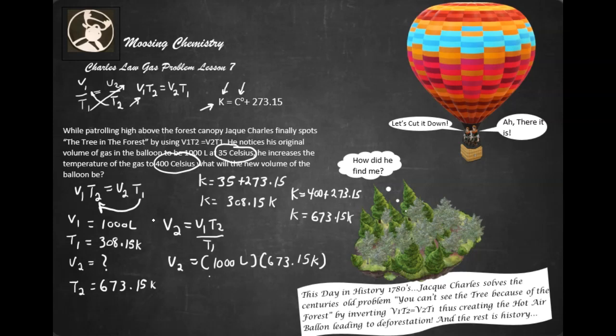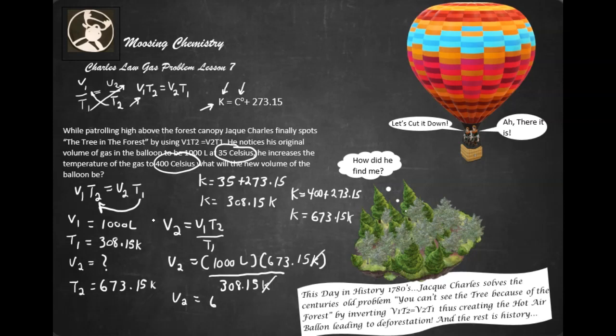Okay, so now our first temperature, of course, was 308.15 K. Right, so now we're going to cancel out our K's just like that. So V2 equals, okay, we're going to get that number with the calculator.